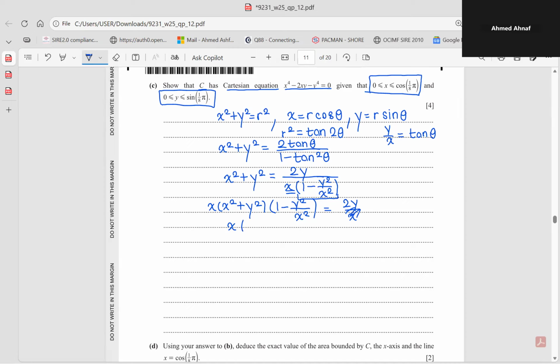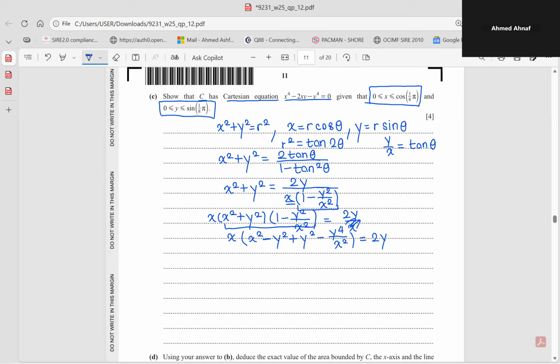We'll just keep it alone for now. Multiply everything, expand these two. So you get x squared minus y squared plus y squared minus y to the power 4 over x squared equals 2y.